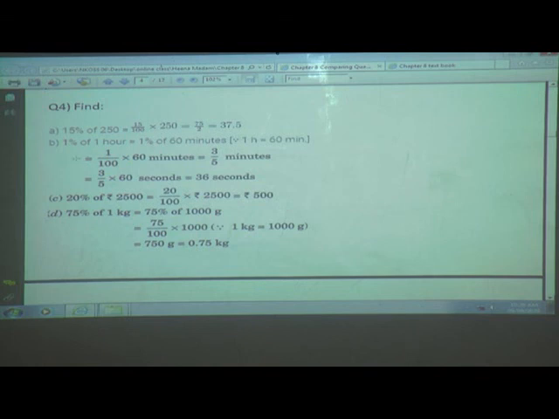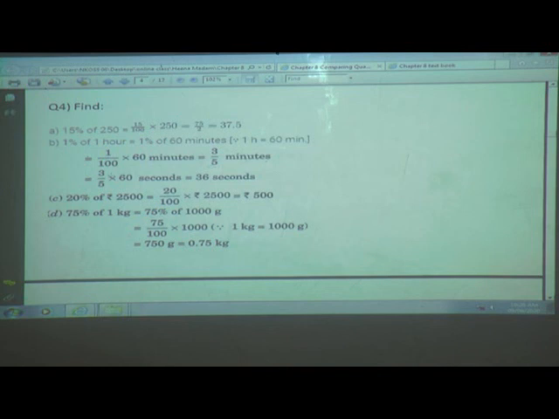Here is another example: 1% of 1 hour. You know how to write 1%? Yes, you are right, we write 1% as 1 upon 100. You know 1 hour is equal to 60 minutes, so multiply it by 60. Try to reduce. What we get is 3 upon 5 minutes.